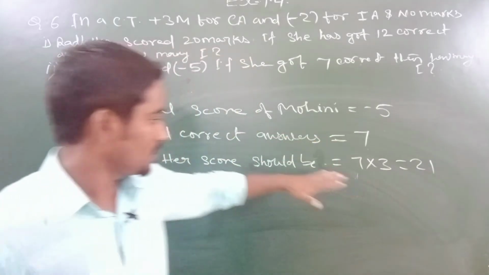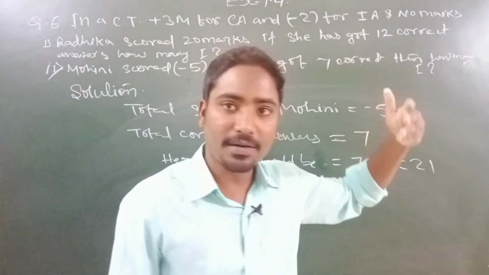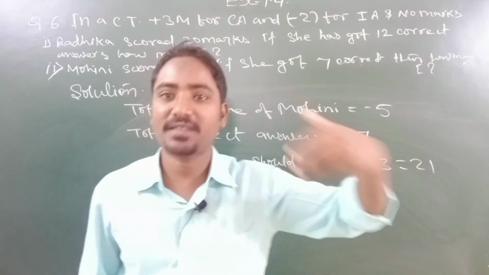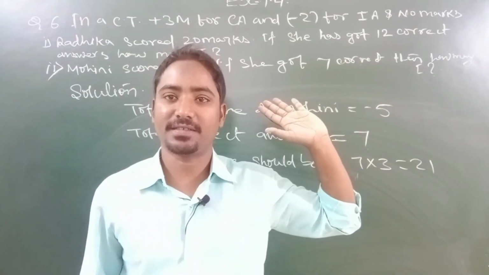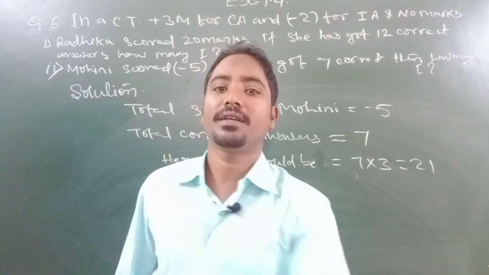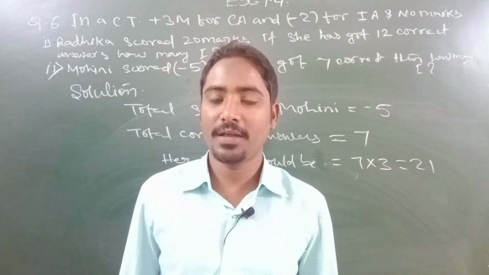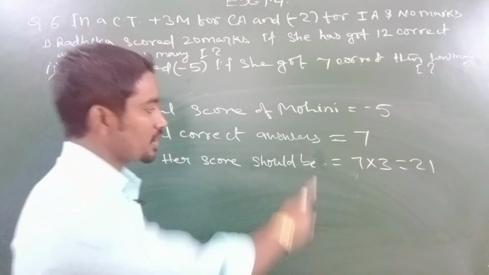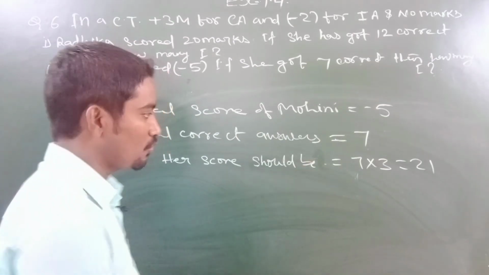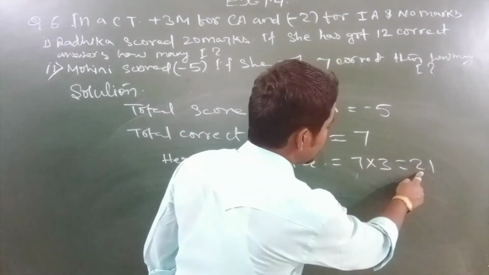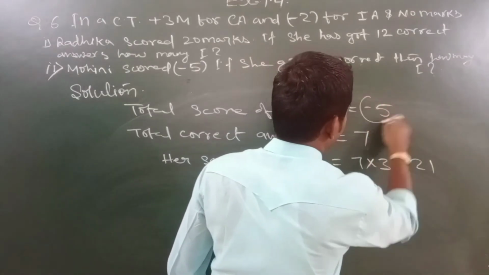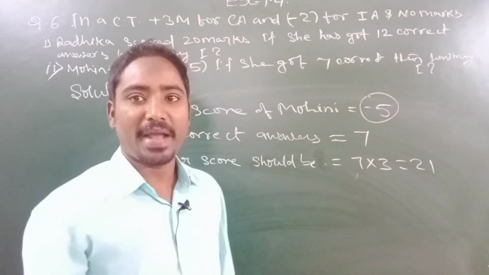It means the marks of these 7 questions have already vanished, and she is also going into negative marking. So in total, how much has she lost, students? See, this 21 and this 5, or you can say -5.